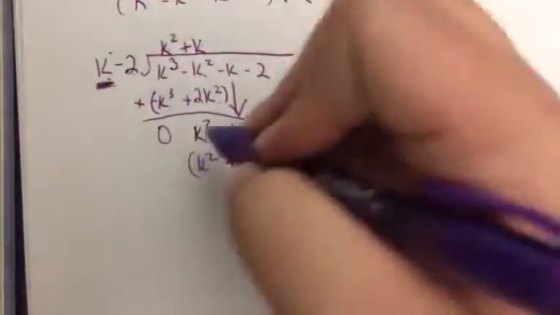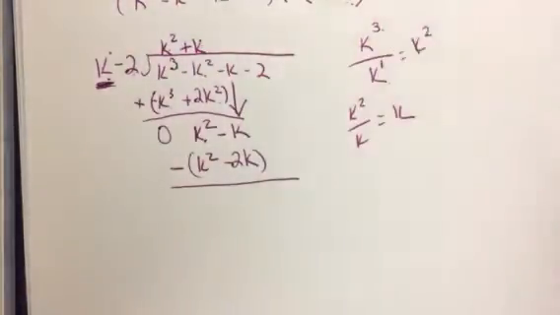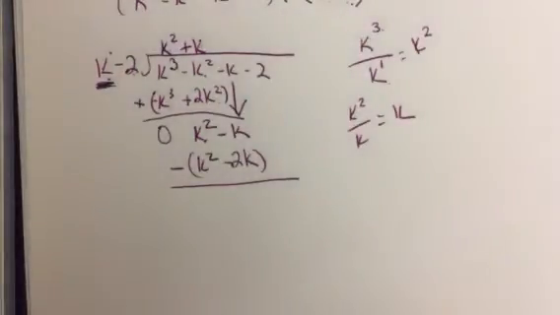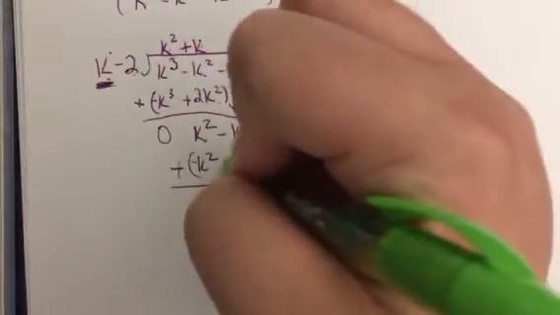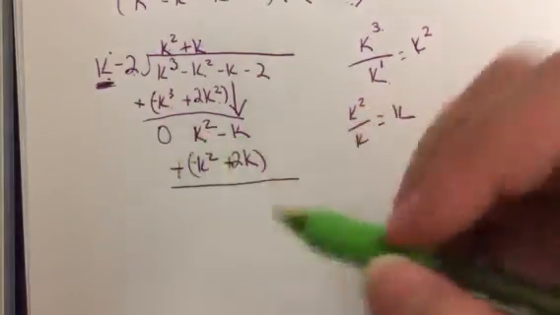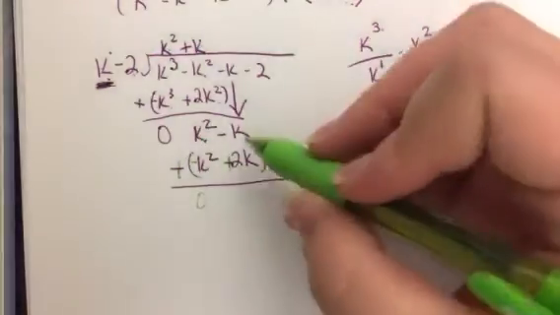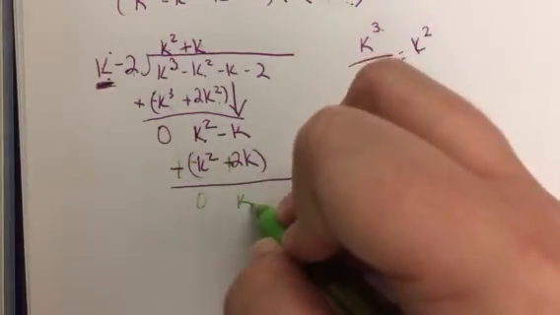Again, we do our subtraction. Remember, I like to change it to addition and then change your signs. k squared plus negative k squared is 0. Negative k plus 2k gives us 1k.